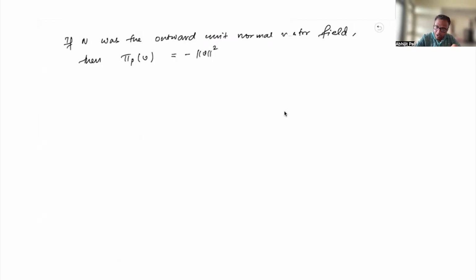Because here if you compute dNP B, this will be equal to B.